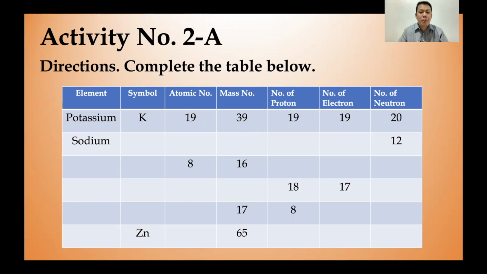So if the number of protons is 19, then 39 minus 19 gives you the number of neutrons, which is 20 in the case of potassium. So 19 plus 20 is equal to 39, which is the mass number of potassium.